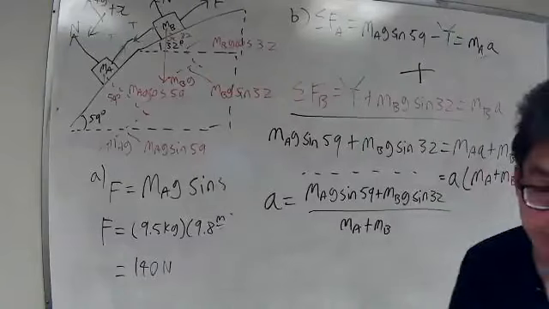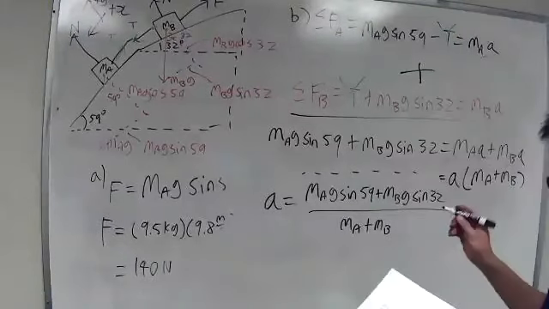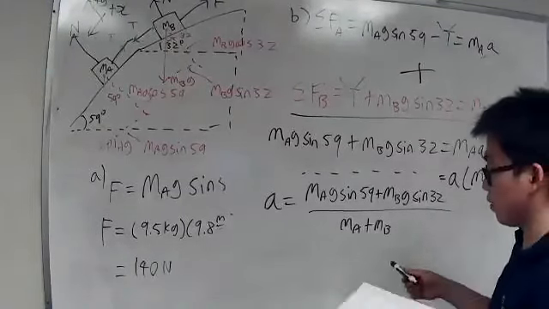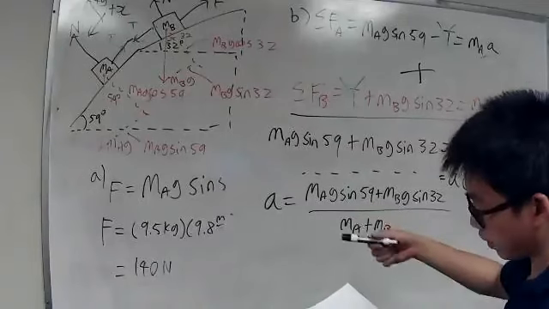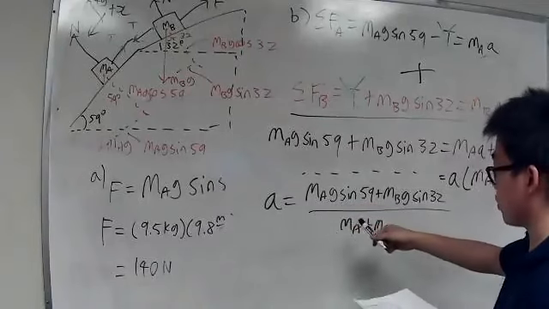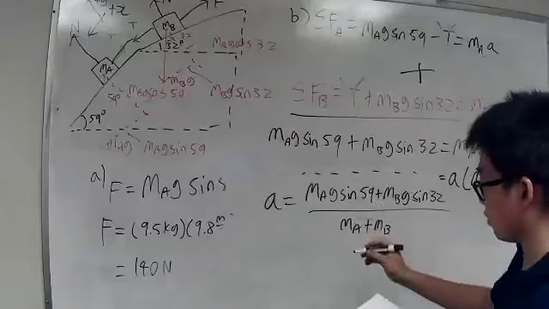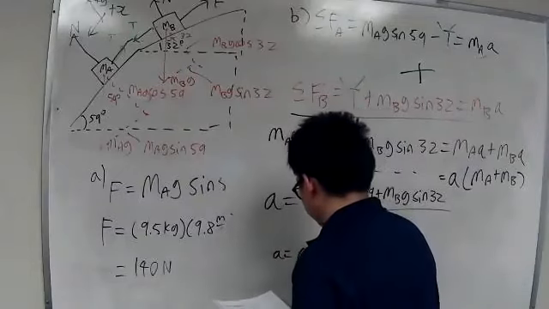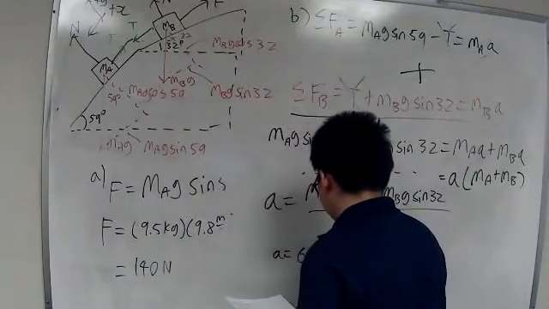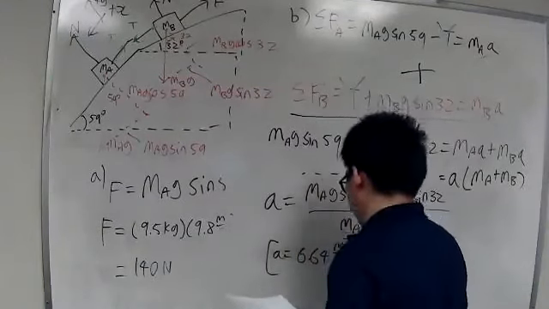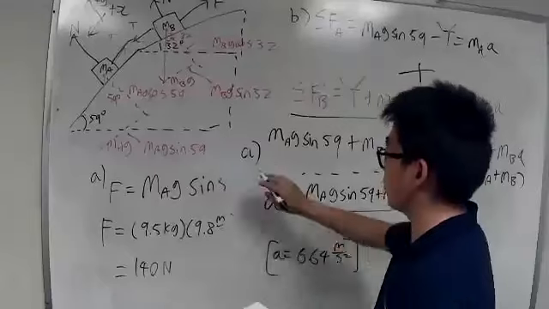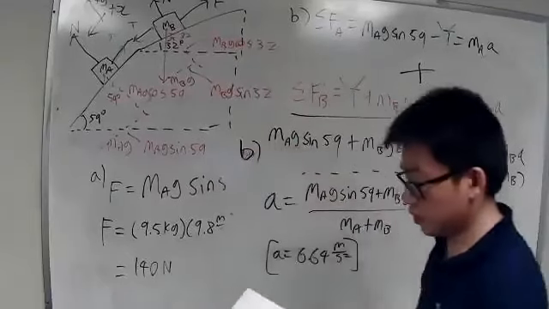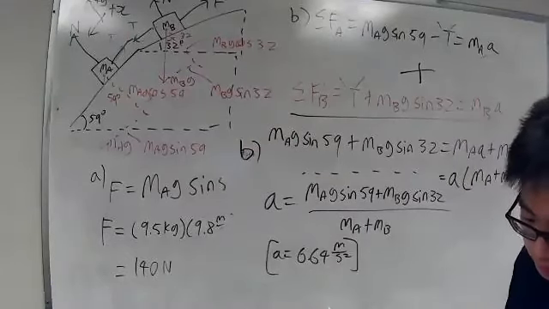It would take a while to write everything in, but mass A is 9.5. So you plug that in, plug in 9.8 for g, plug in the masses, and you can get a number. A is 6.64. So that's part B.